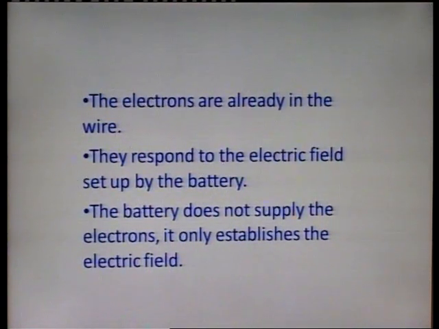The electrons are not coming from anywhere else, they are already inside the wire. The only thing that happens is that the battery sets up the electric field, and these electrons respond to the electric field. Basically, the battery is not supplying the electrons, they are inside the wire.